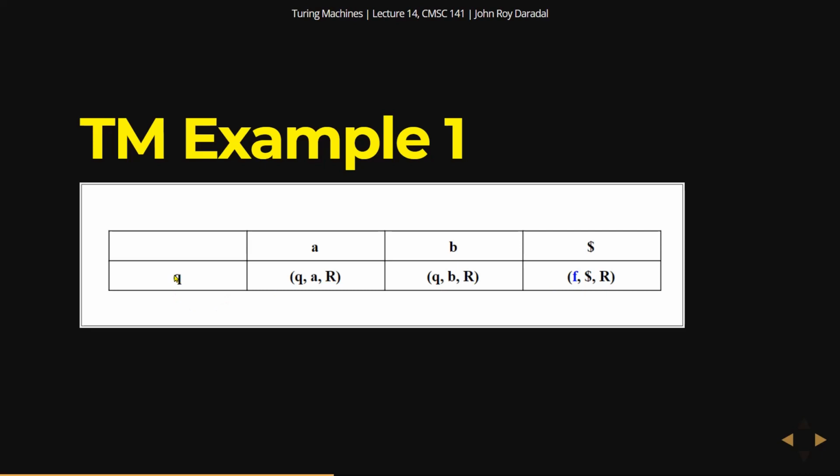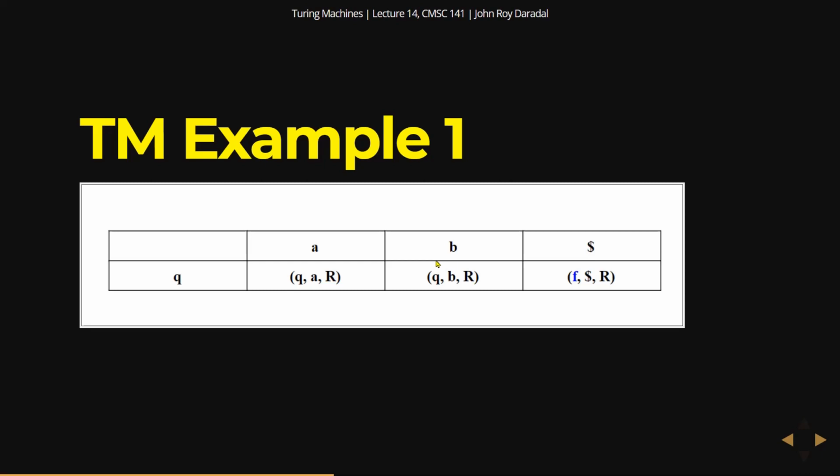Okay, so Q, each time it sees an A or a B, it will keep it as is, so it will not change it, right? Still in state Q, still A, still in state Q, still B, and then you just go to the right. Okay, so if you see an A or B, just pass through it because those are accepted.